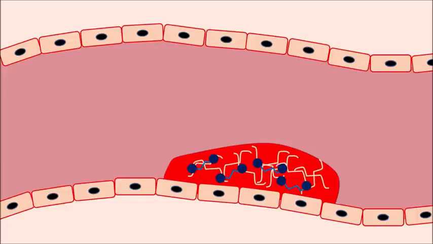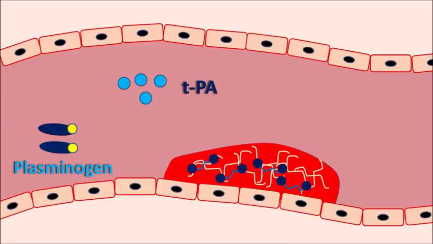Now this clot formation is controlled by clot dissolving substances. One of the important mediators is TPA, tissue plasminogen activator. This mediator can act on a precursor, plasminogen. When TPA binds to plasminogen, it is converted into another mediator, plasmin.